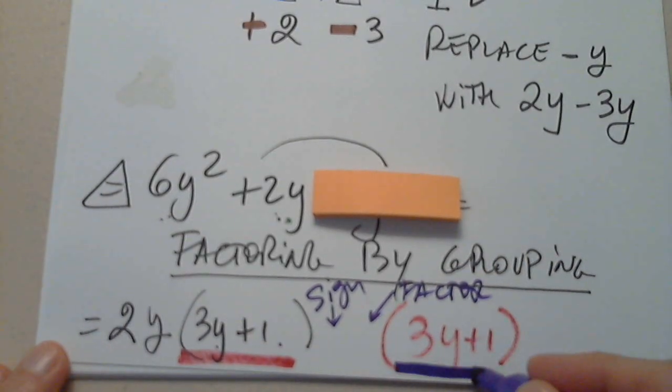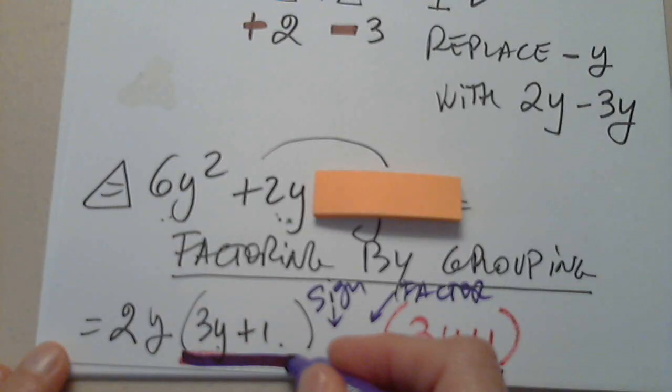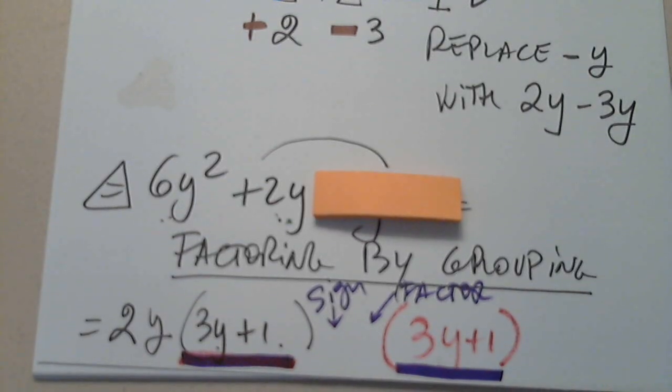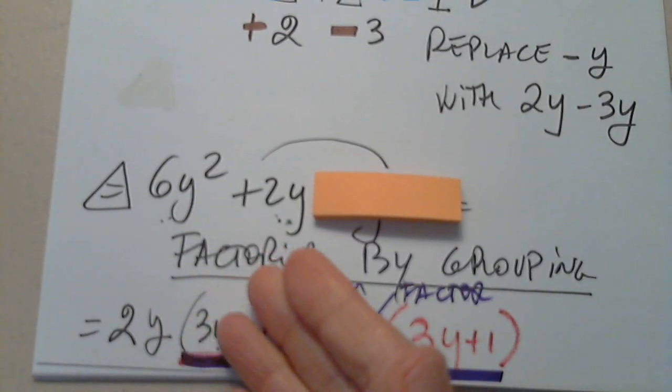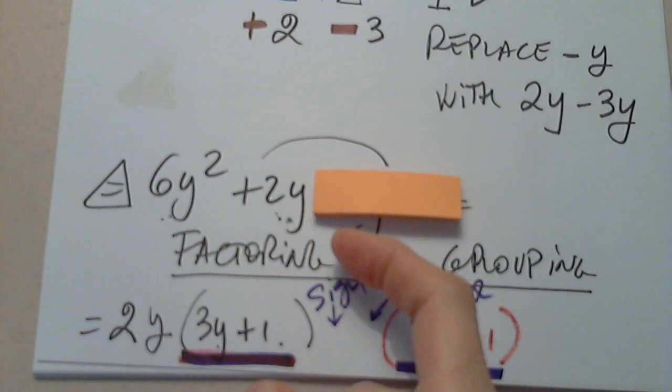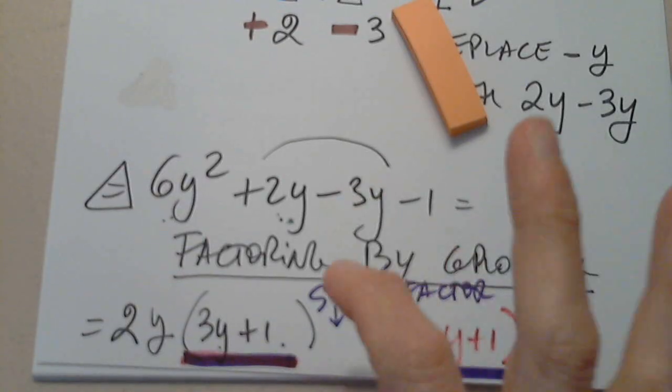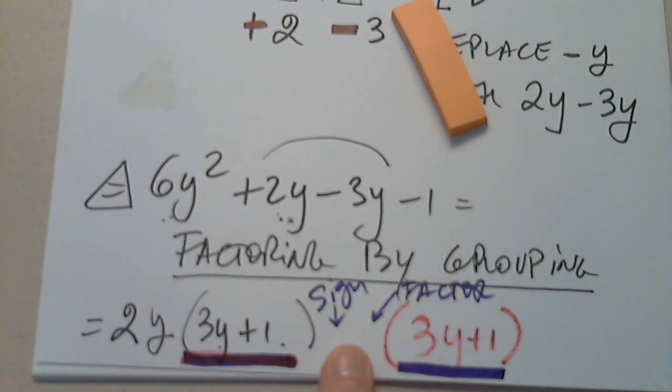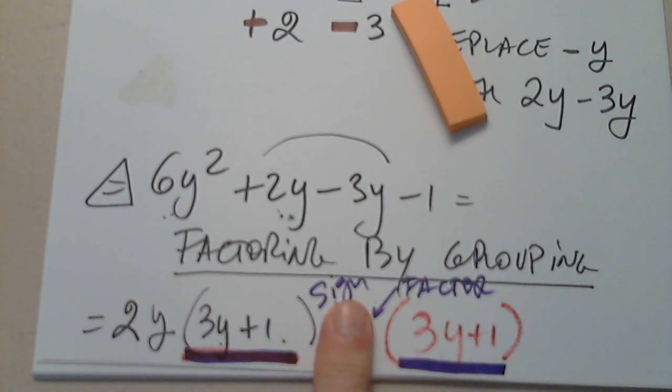If I do not get the same factor from the last two terms, I cannot continue applying factoring by grouping. So let's see. I need a sign and a factor right here. Do not consider this a product. If you consider the product, it's a complete failure, the whole thing.